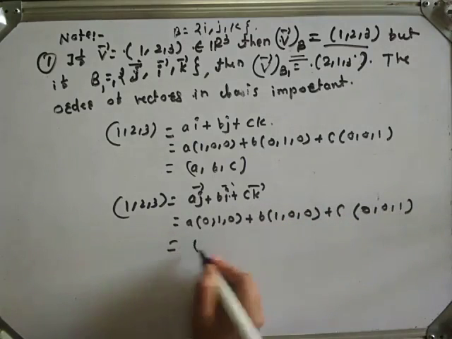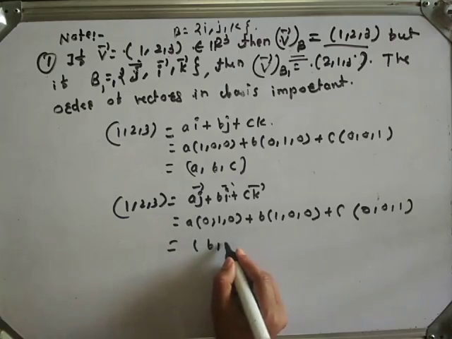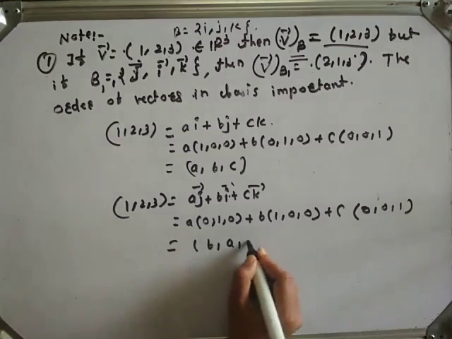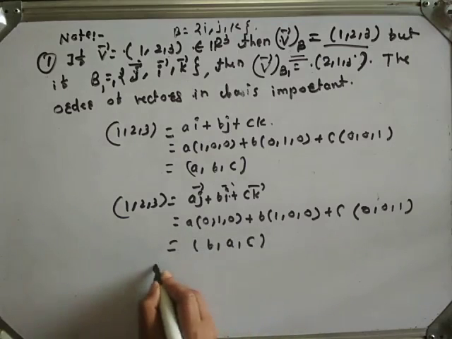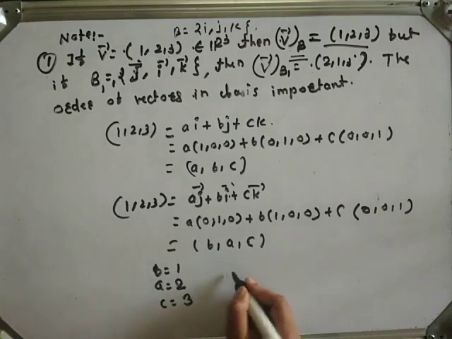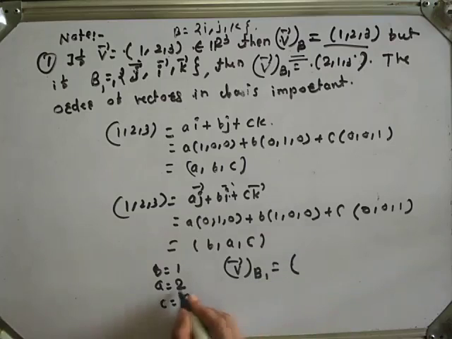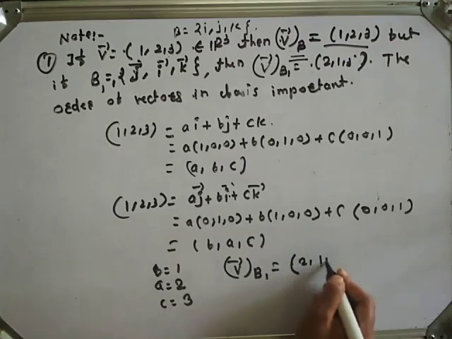If you take component wise addition, you will get the vector (b, a, c). Means what? You will get b equals 1, a equals 2 and c equals 3. Means what? You will get the coordinate vector of V bar relative to the basis B1 as (2, 1, 3).